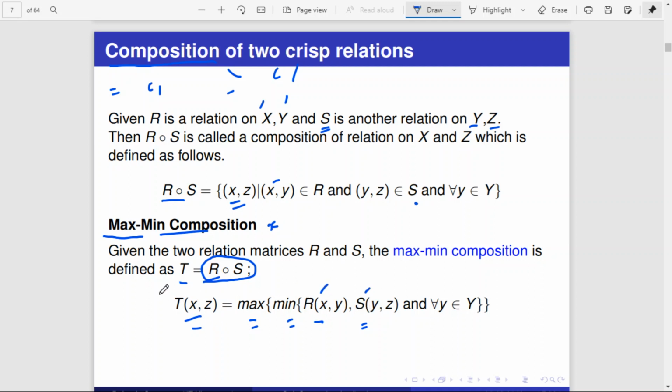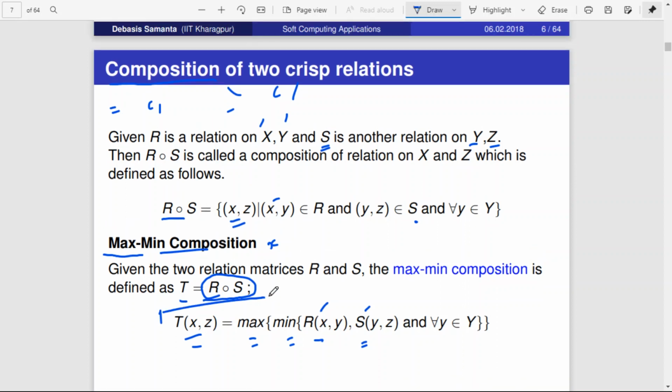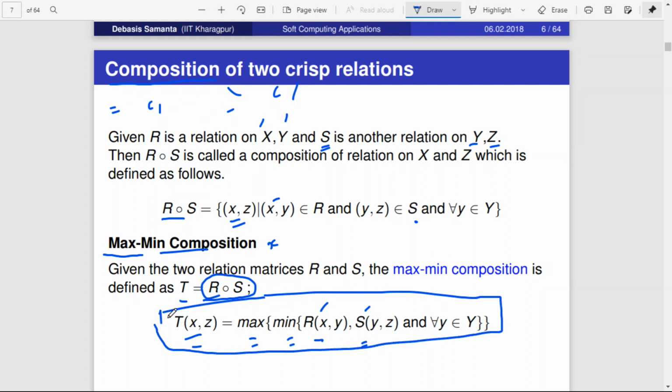This is how the composition between two relations can be calculated, using the max min composition technique.